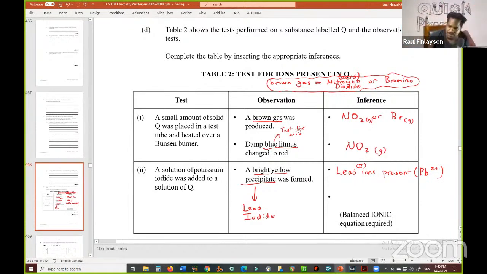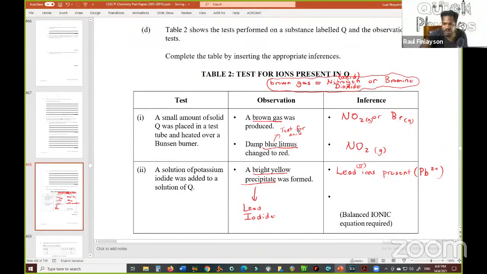There's lead 4, and remember CXC doesn't really ask about lead 4. That lead 2 forms a yellow precipitate whenever it reacts with something with iodine, in this case potassium iodide. Now, the balanced equation.